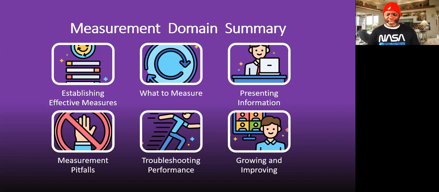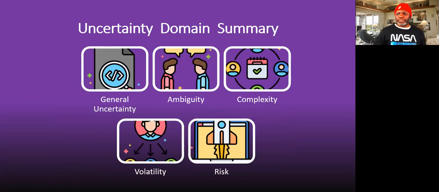The final thing that we're going to take a look at is the uncertainty domain. The uncertainty domain, general uncertainty, ambiguity, complexity, volatility, and risk are all defined in this book. But I want you to focus on understanding the concepts.